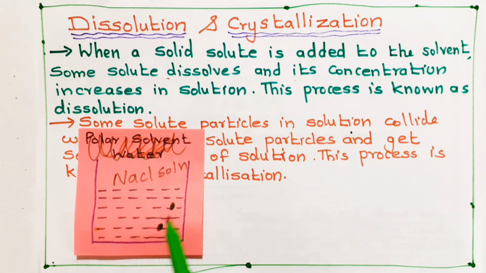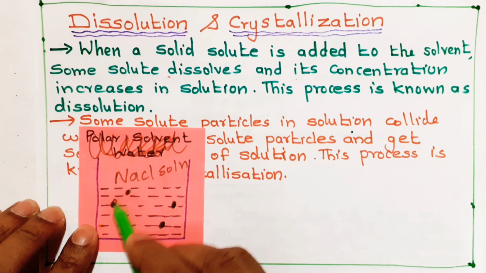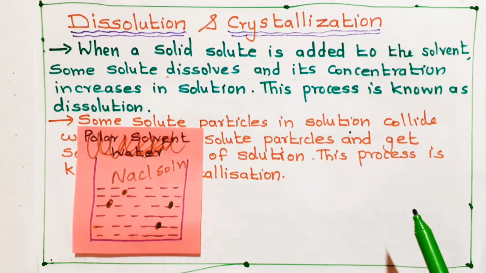If you wait for some time, you can see that these solid sodium chloride solute crystals will get dissolved into this solution. That means these crystals will disappear. When these two crystals disappear, again another two crystals will be formed. That is also due to collision between sodium chloride solutes.